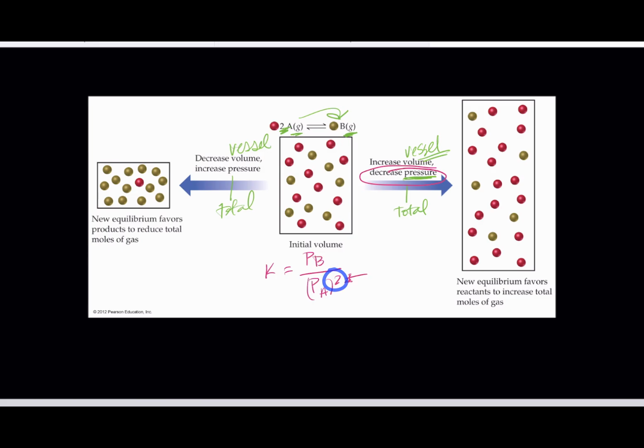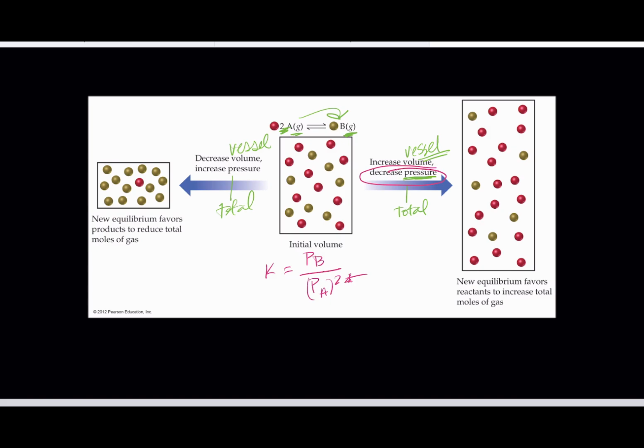All of this discussion is pointless if the coefficients are the same. Does that make sense? If A and B, or product and reactant, had the same coefficient, nothing would change, because neither side produces more moles of gas. But because in this case we have that 2, that affects what happens when we change things.